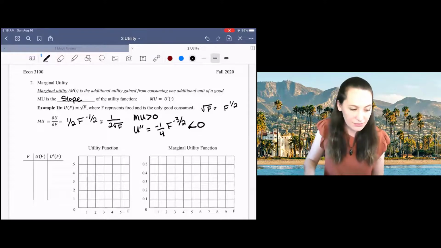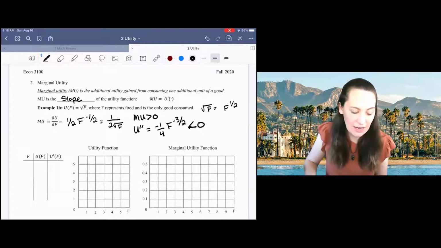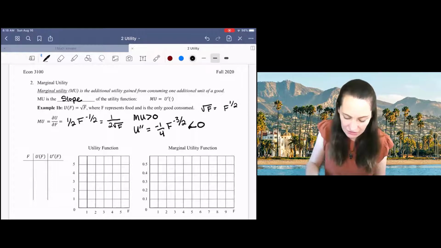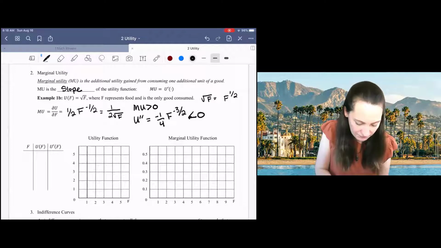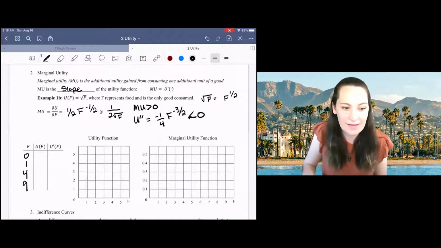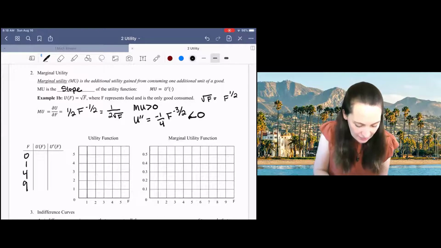So let's go ahead and plot our utility function and our marginal utility function so we can see what's going on here. Again, I'm going to just plot these numbers that are easy to take the square root. And utility is the square root of food. So I've got 1, 2, 3.